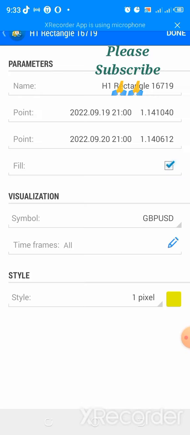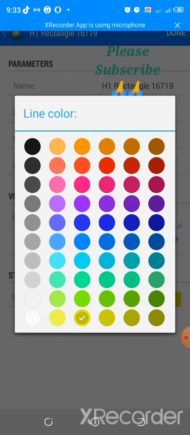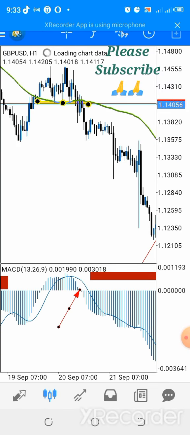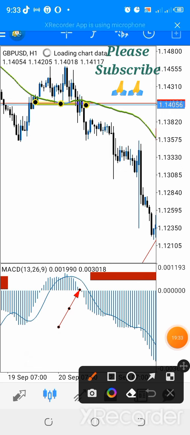Let me use a better color to show this. So when the market was here at this point, let's use this.